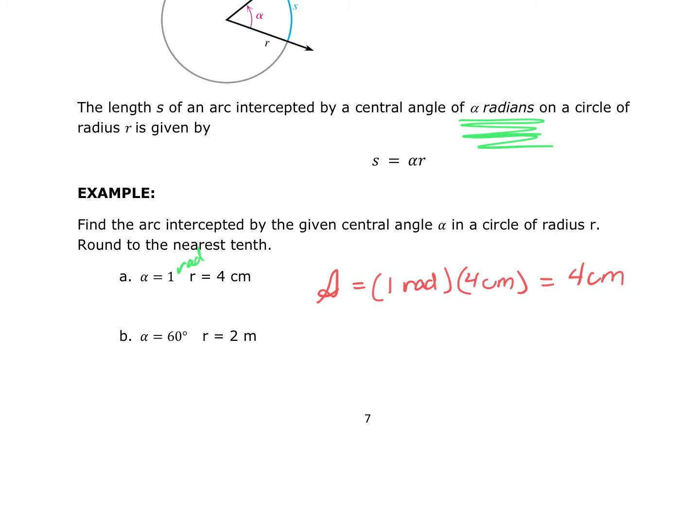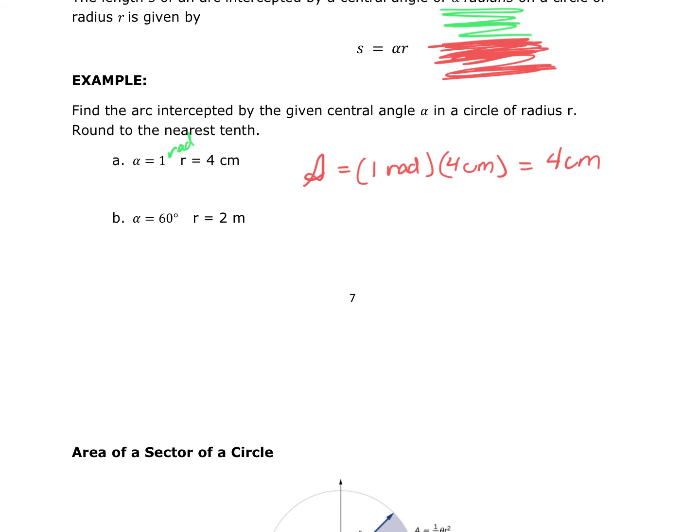I'm on the unit circle. If we take a look at our second example here, I have 60 degrees. Remember what I said up here? I need to be in radians. So the first thing I have to do is take my 60 degrees over 1 and multiply by its unity fraction, pi radians over 180 degrees.